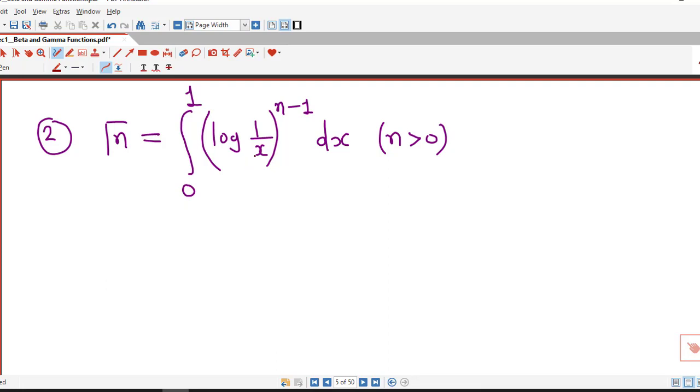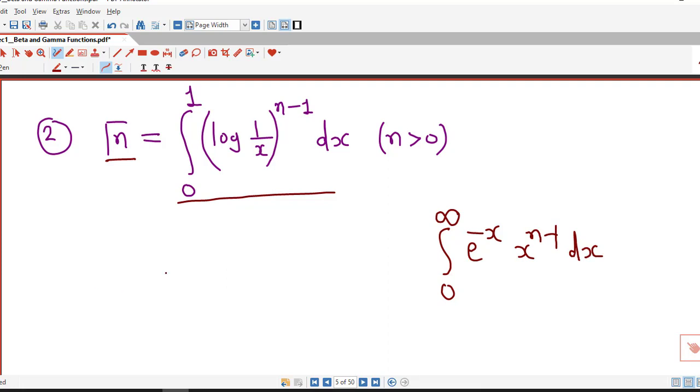And if we want to prove that this is nothing but gamma n, here also we have to take a change of variables. So we can compare with the gamma function. The definition of the gamma function is the integral of e raised to minus x into x raised to n minus 1 dx.